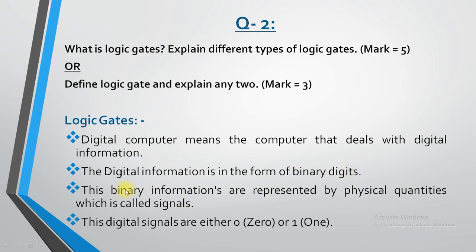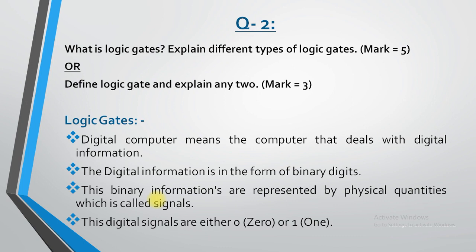Now see, binary information is represented by physical quantities, and that quantity is known as signals. If the definition of signal is asked in the exam, you need to write that any information in the form of binary that is represented by a physical quantity, and that physical quantity is referred to as a signal.